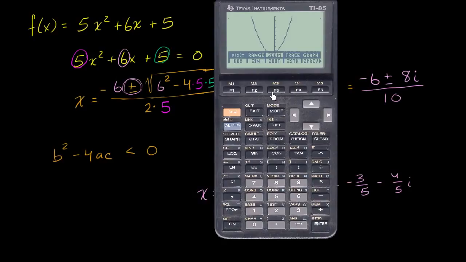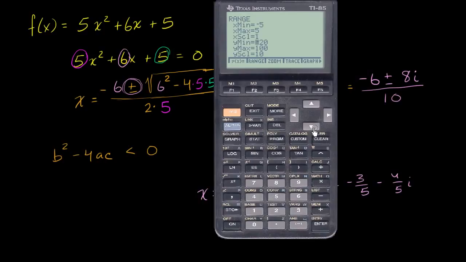And in fact, we could zoom in on it. Let me just change the range a little bit. Let's make our x min -5 and our x max +5.